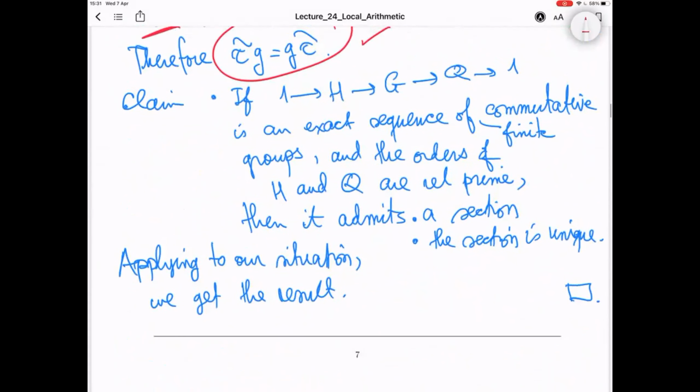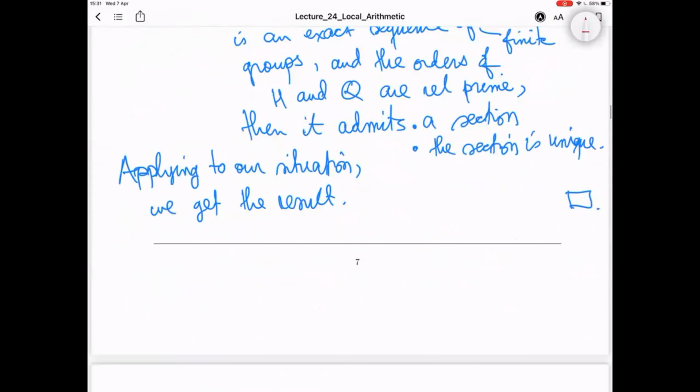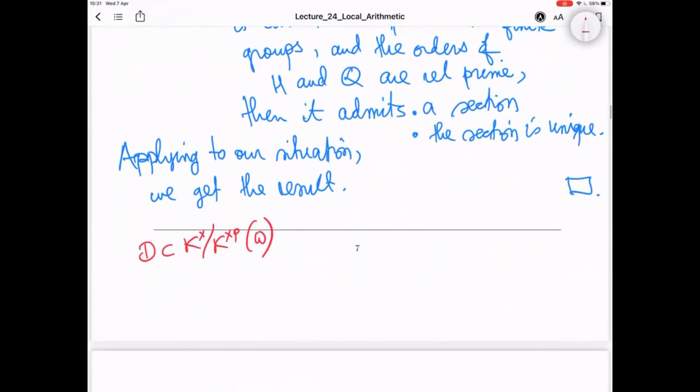Now, where are we? We have this situation. We have D in K star modulo K star to the power P. And let me write omega here to say that it's in the omega eigenspace of this, right? From such a D, we got this extension K, pth root of D over K. And we have seen that this is commutative, abelian, as it's called.